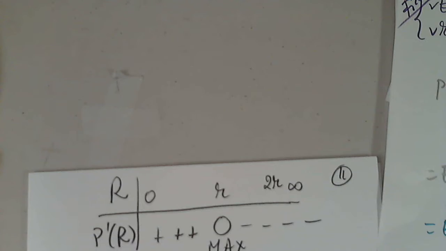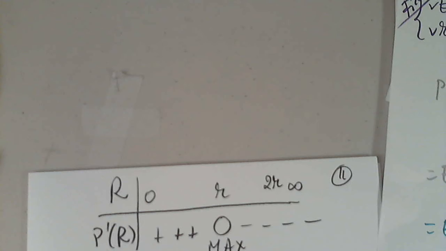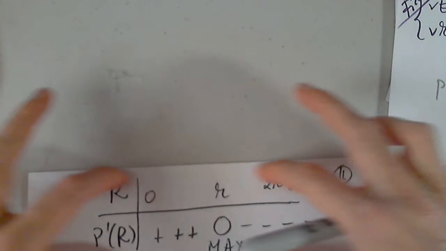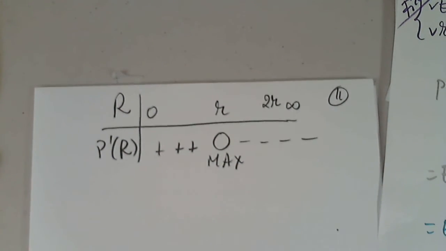So now I know that whenever R is the internal resistance, lowercase r in ohms, the power will be maximum. You understand it? Without this analysis, we cannot conclude that R equals r gives a maximum power. That analysis is mandatory.